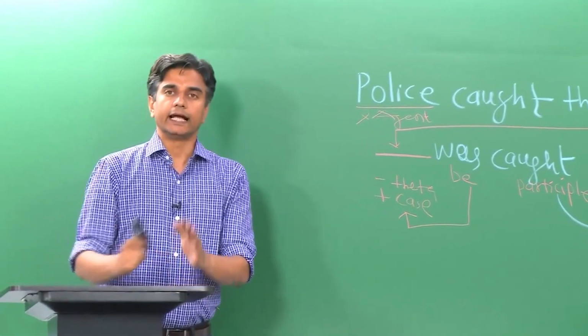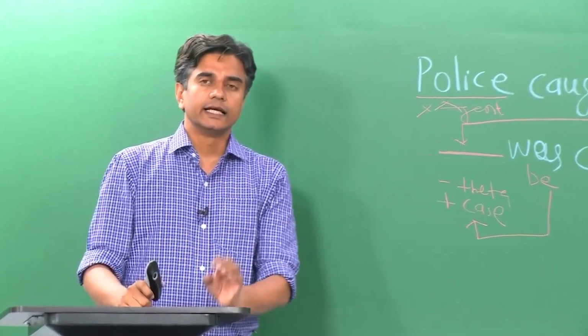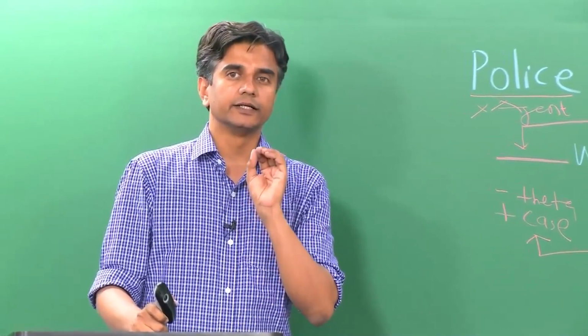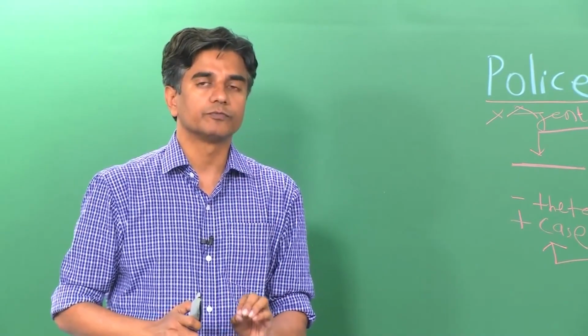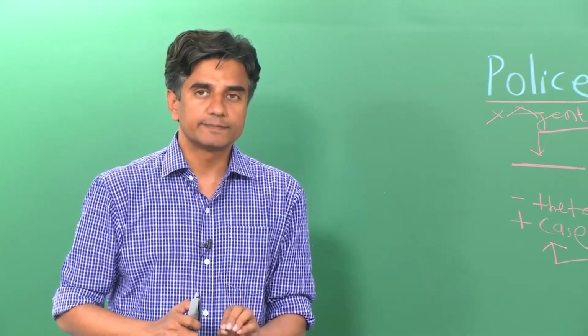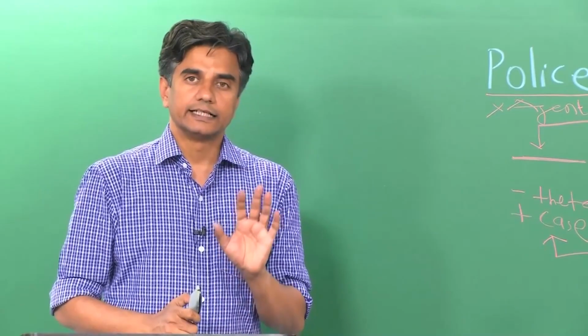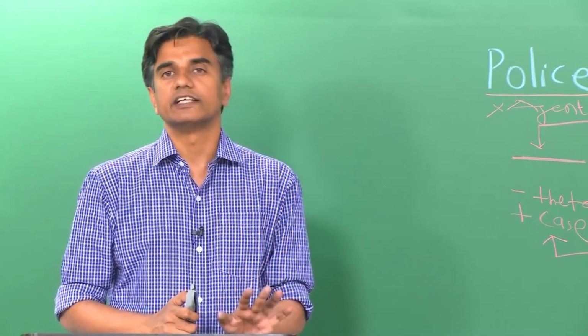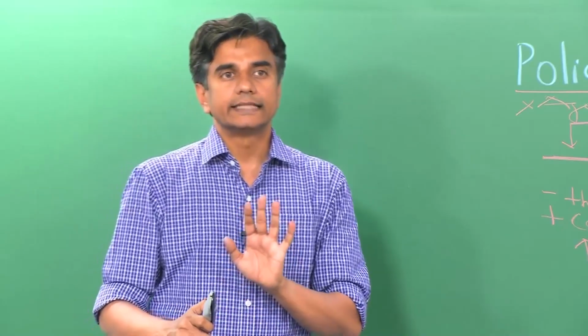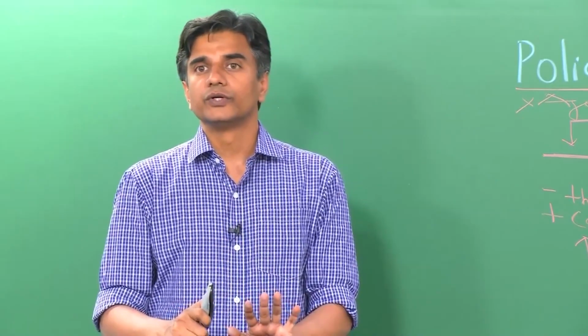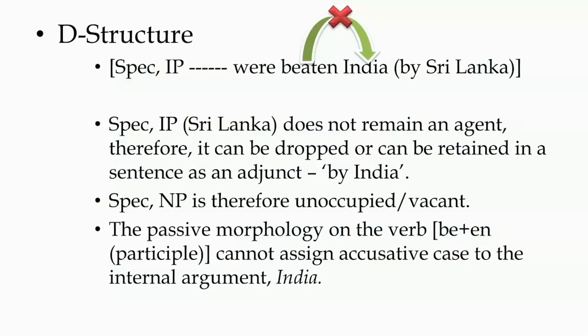All right? And thus we see a very compelling reason for movement, for displacement, and this becomes evidence for displacement in natural languages. Sentences are not allowed to have an NP without case. We cannot have an NP without a case in a sentence.